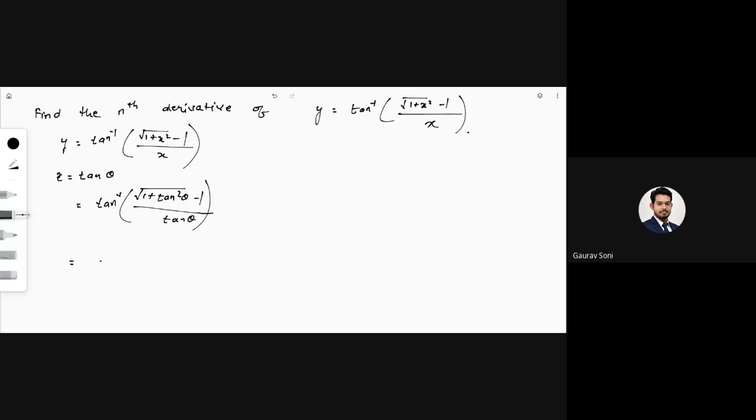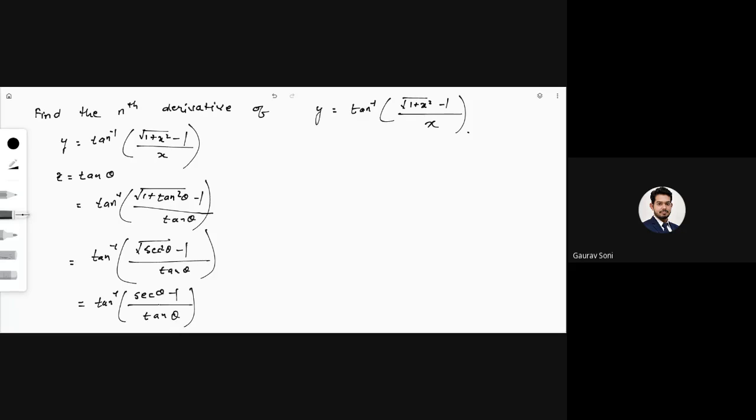So this is equal to tan inverse, 1 plus tan square theta is equal to sec square theta, minus 1 upon tan theta. So this is tan inverse of sec theta minus 1 upon tan theta. So this we will have to simplify.